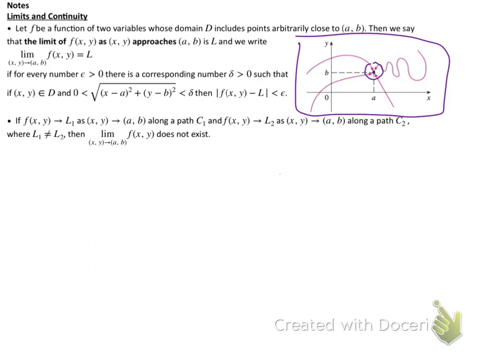As we illustrate here, you have many paths going toward the point (a, b).